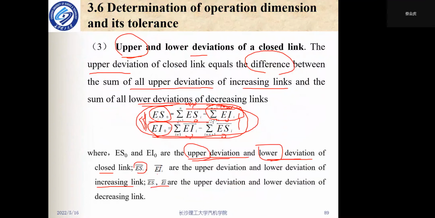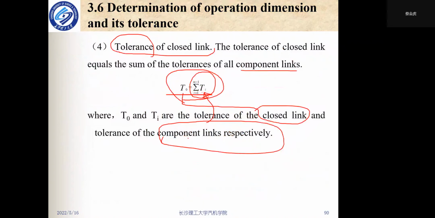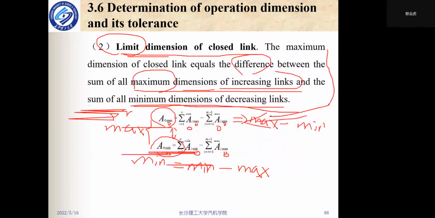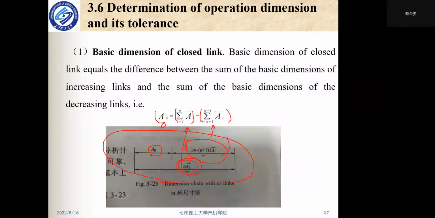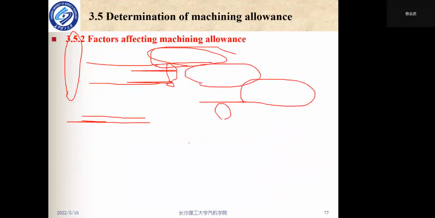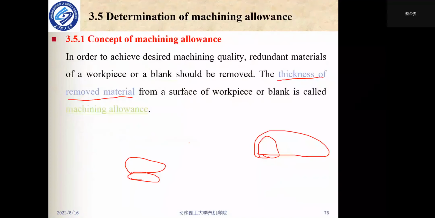If we understand the equations, then we will figure it out. So today we have learned something very important: the concept of machine allowance.